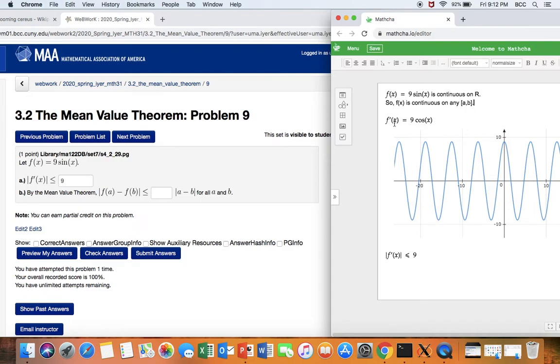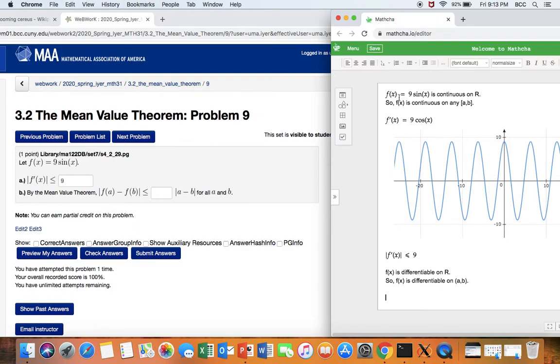What about the derivative? Well, you have been able to find the derivative and you know it exists everywhere. So what does that mean? It means f(x) is differentiable on the whole real number line. So f(x) is differentiable on the open interval (a, b).